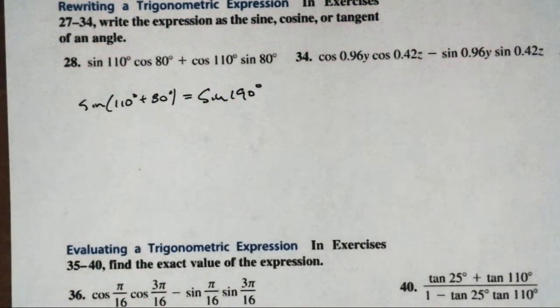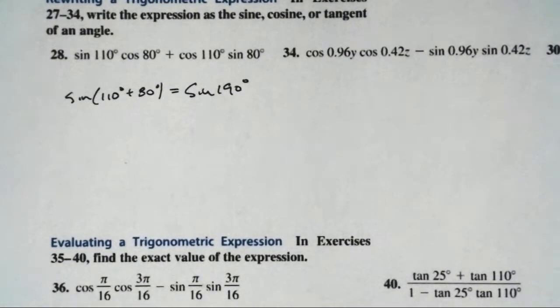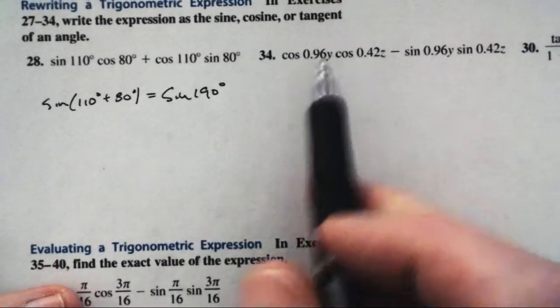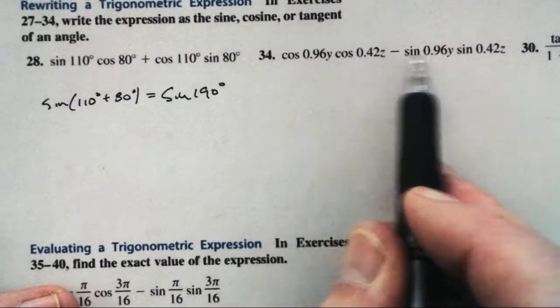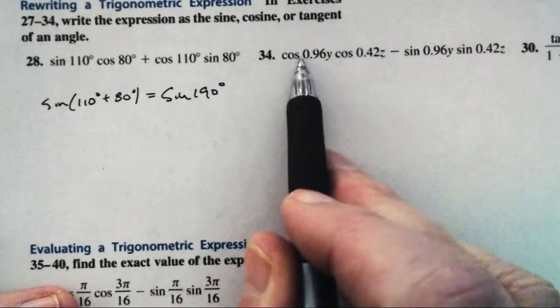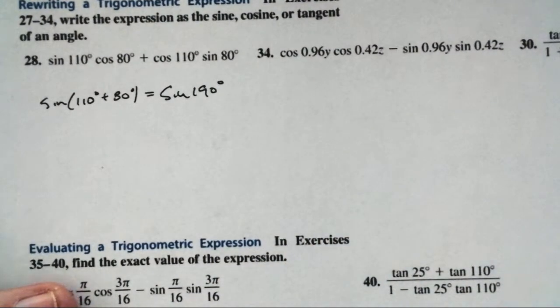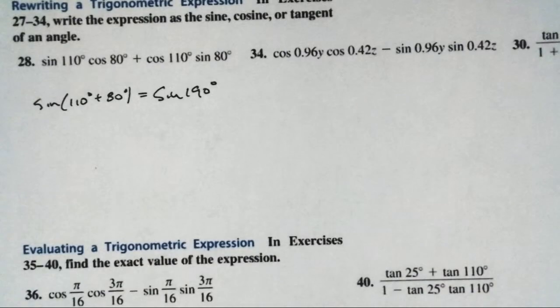Now, I'll be honest, there won't be many times that you actually work these formulas backwards in real world type problems, but it's good gymnastics. So do we recognize this one? Cosine cosine minus sine sine. Have we seen enough that we recognize which sum or difference rule this is?